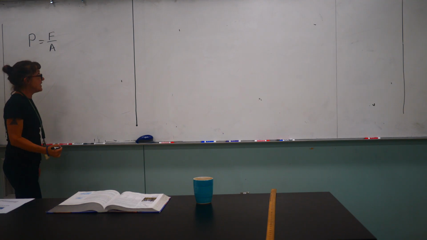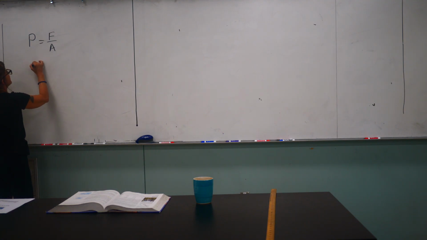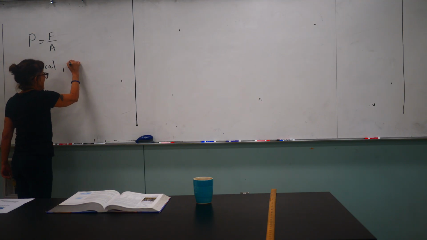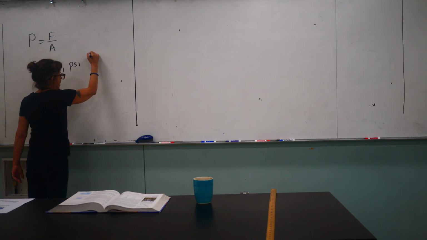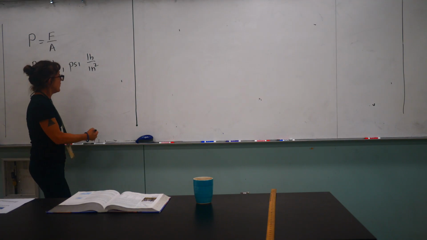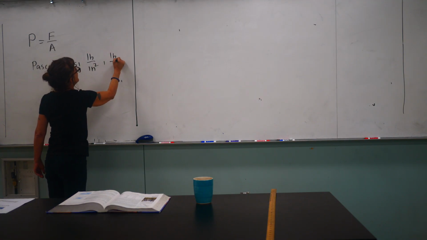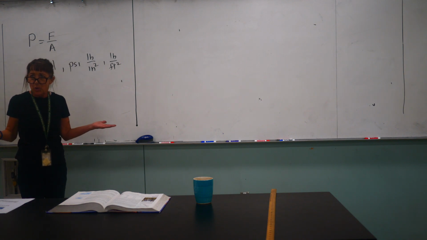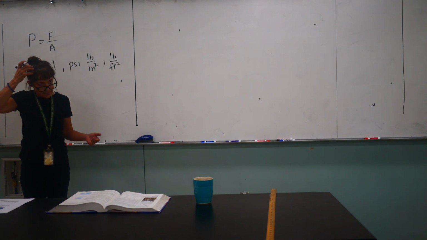Its SI unit is the Pascal. We'll also be using a little bit of PSI, which is pounds per inch squared. We might also use the pound per foot squared. When we study pressure, we use a lot of English units.